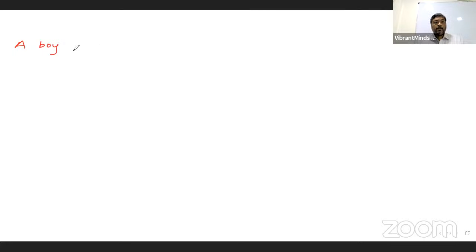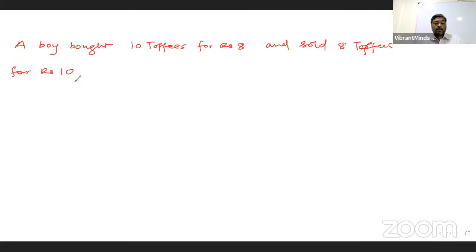A boy bought 10 toffees for ₹8 and sold 8 toffees for ₹10.